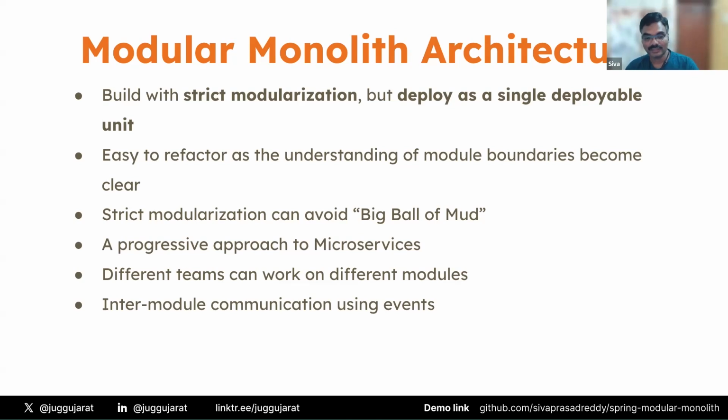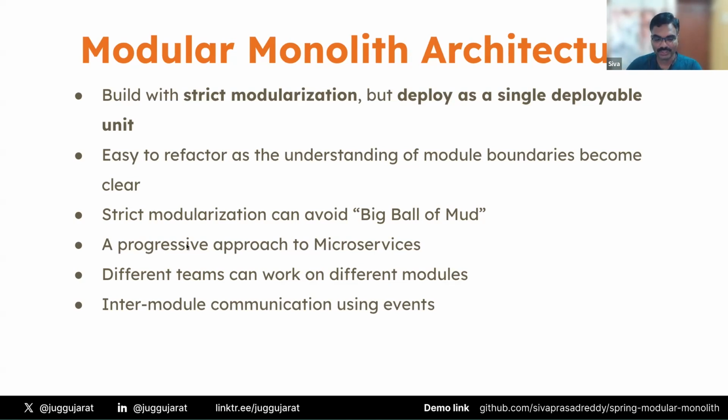These are the kind of things you sometimes get to know a little bit later, and there will be a lot of cost associated with correcting those mistakes. Modular monolith is one approach where you can get to know the domain logic and the kind of challenges you are going to face, and it will be much easier to correct those mistakes.